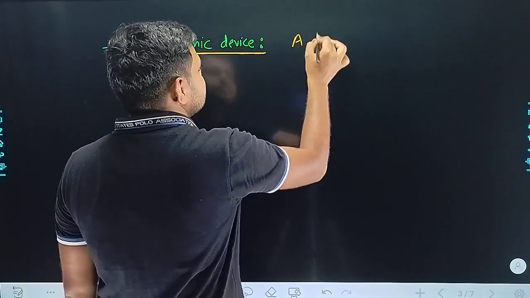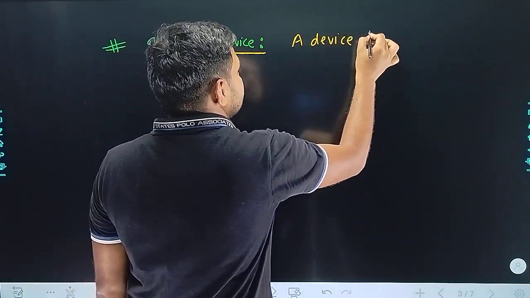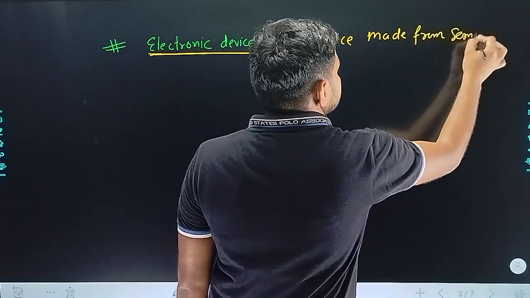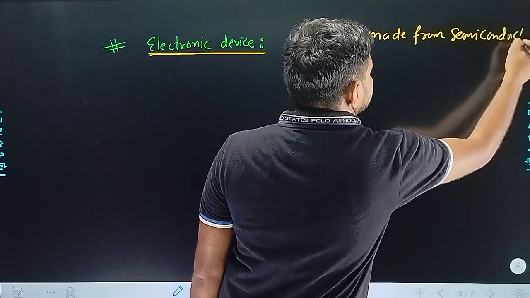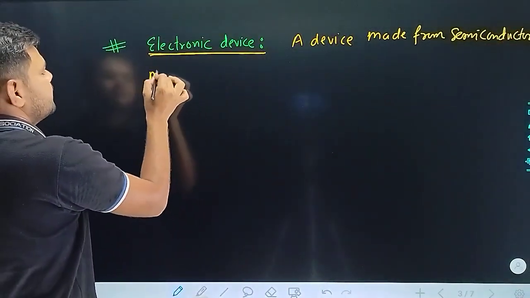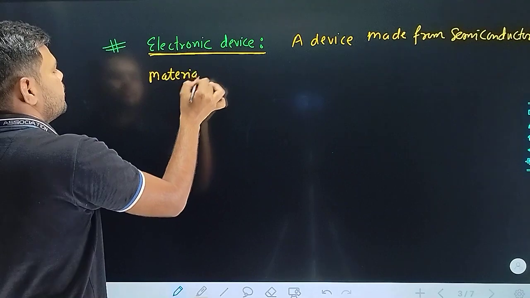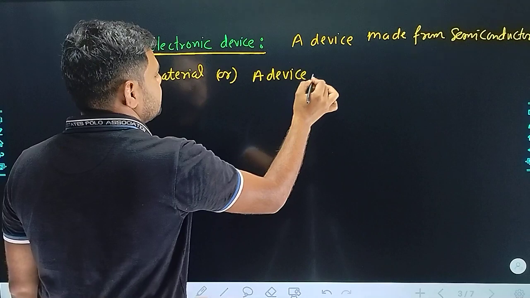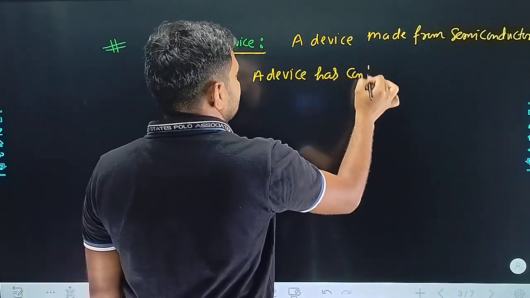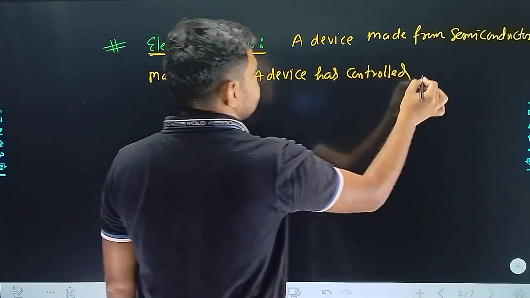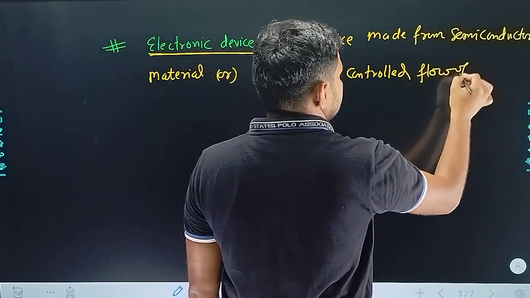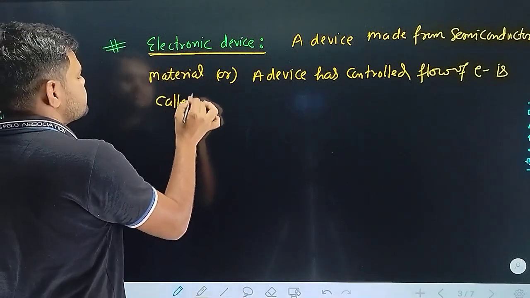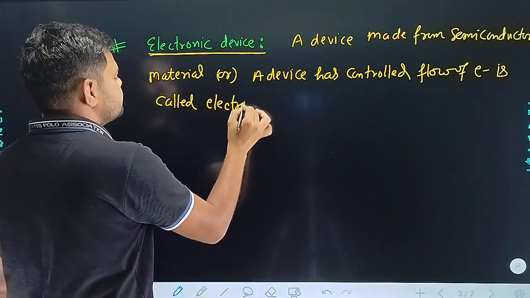A device made from semiconductor material, or a device which has controlled flow of electron is called electronic device. That is called electronic device.